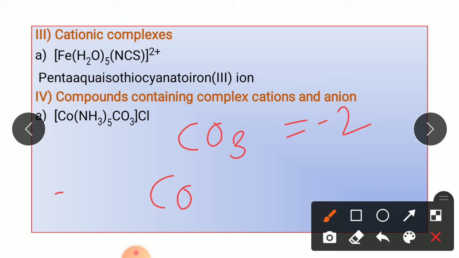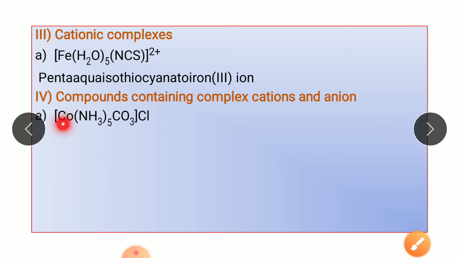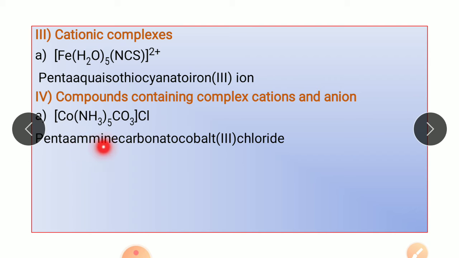So the oxidation state of cobalt in this complex is +3. This is a cationic complex, so the name of cobalt will not change. So let's write the name: pentaamminecarbonatocobalt(III) chloride. Here the name of ammine is written first and then the name of carbonate, using the rule that the names of the ligands should be written in alphabetical order.